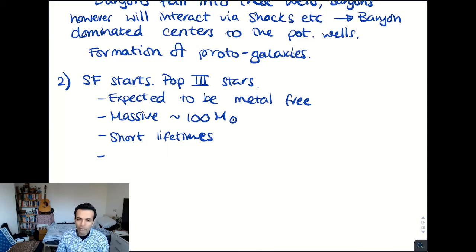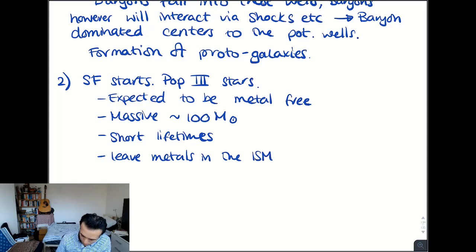And at the end of their lives, the population 3 stars leave their metals for population 2 stars to begin their journeys. So they leave metals in the ISM for population 2 after they die. Fine.